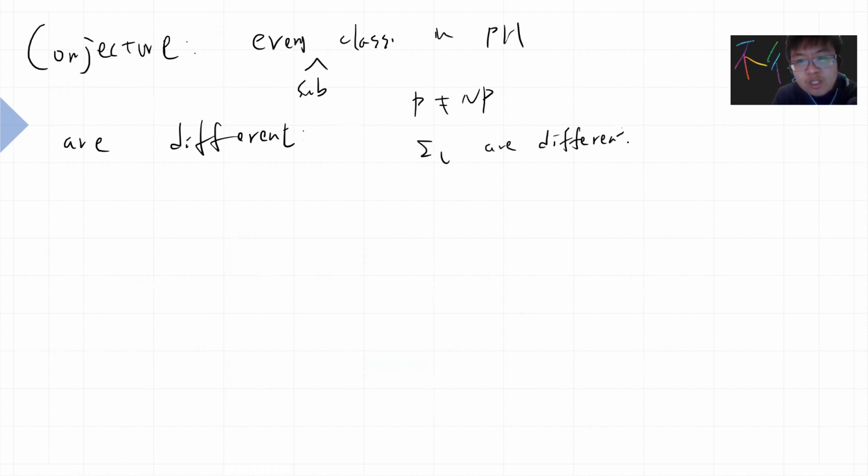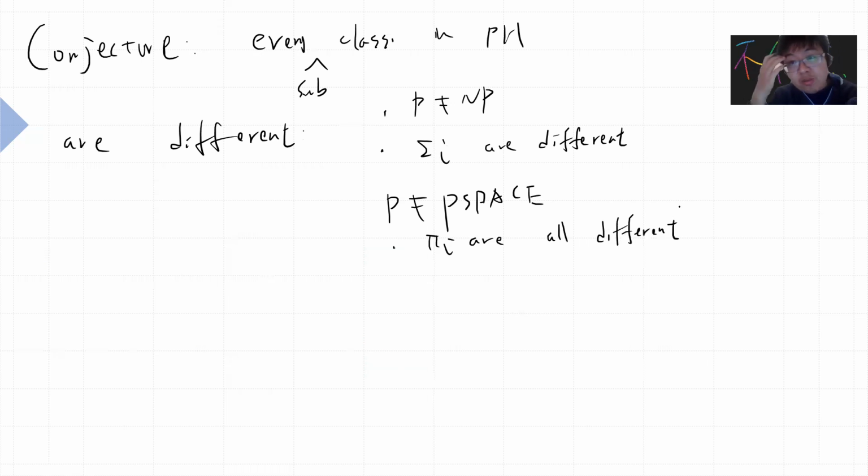Even though you add more quantifiers, no one can prove it, because people cannot even prove that P is not the same as PSPACE. Maybe the hierarchy could be the same, but the conjecture says sigma i are all different and pi i are all different. So every class in this diagram is a completely different class. This is the powerful generalization of the conjecture that P is not the same as NP.